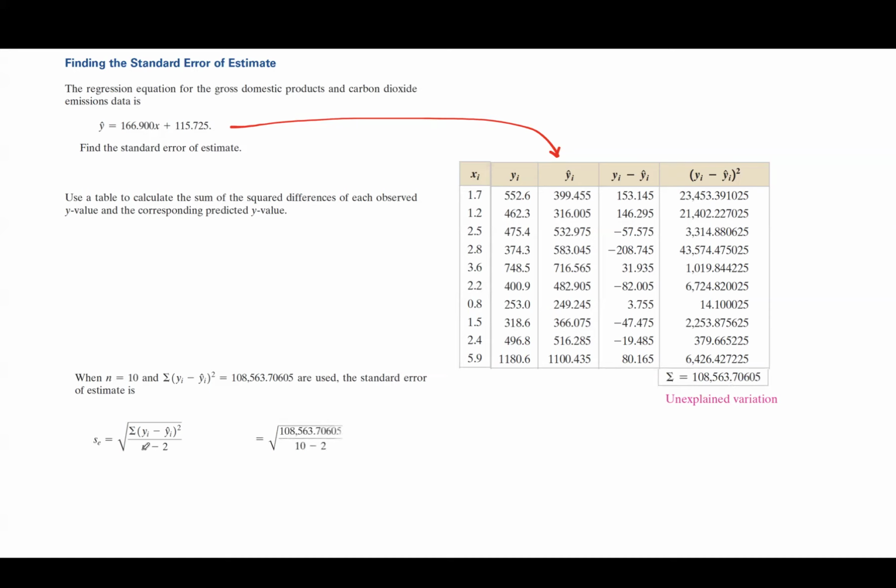You can separate these two, or you can put all of these inside the square root, and this number is about 116.492. What's the meaning of this number? It means that the standard error of estimate of the carbon dioxide emissions for a specific gross domestic product is about 116.492 million metric tons.